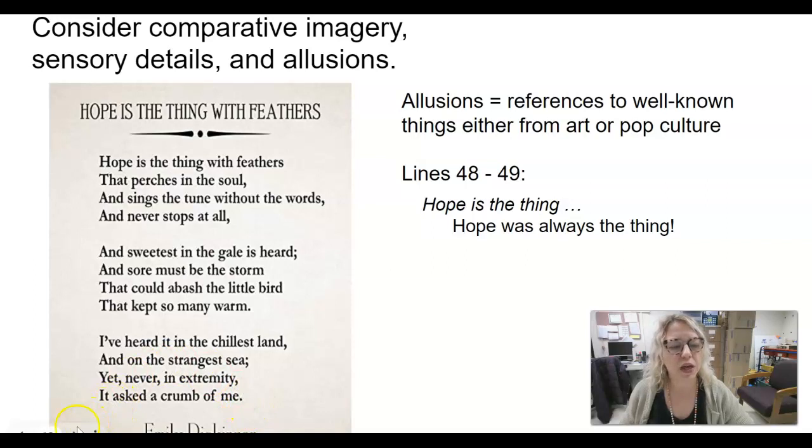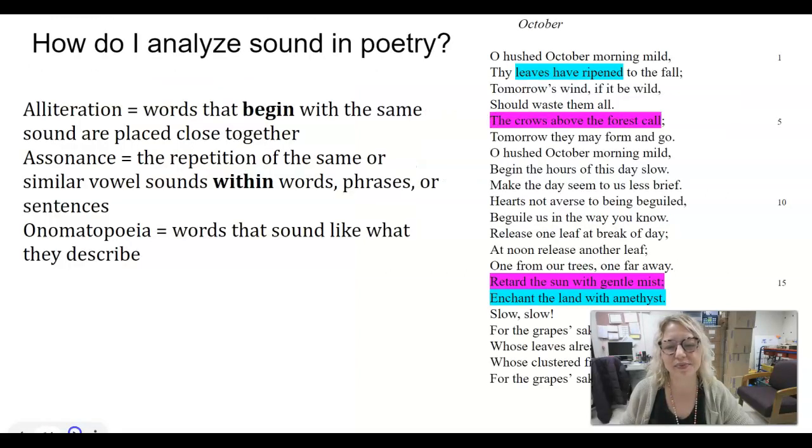A lot of people have credited Emily Dickinson with hitting the nail on the head in describing hope by comparing it to a bird, without really calling it a bird. It's a little bit more elusive than that, but it's something that flies, it never stops, it sings, and doesn't ask anything else.